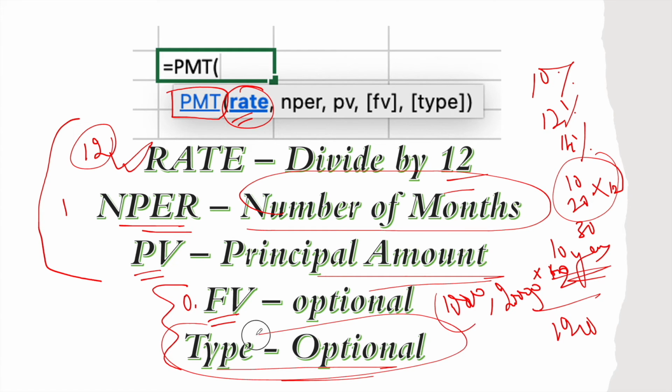And finally type. This is again a value which we pass to make a calculation. This is a binary value, either 1 or 0, just to see the next installment. If you pass 0, it will calculate by default at the beginning of the month. If you pass 1, it will calculate at the end of the month.